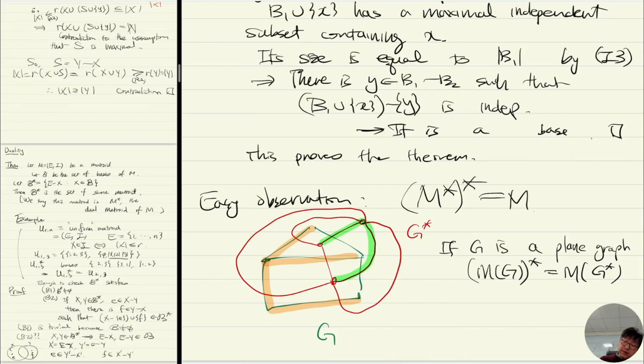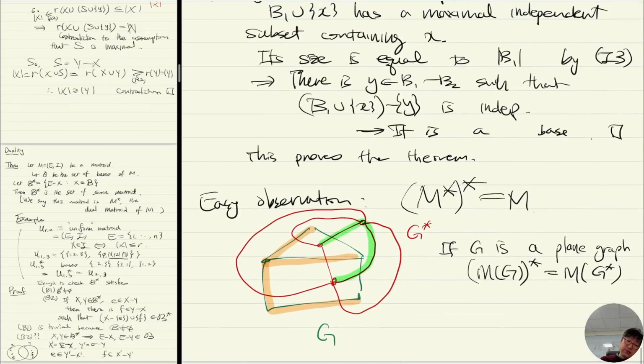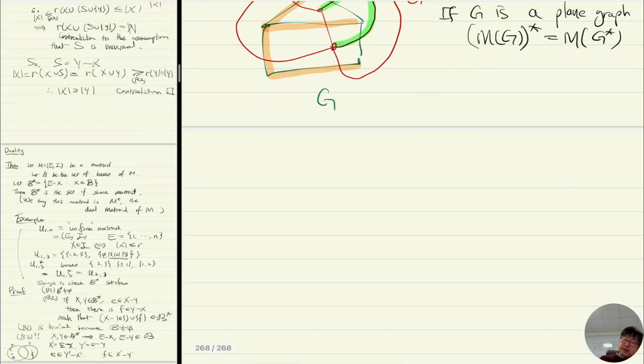And so that's why the duality of plane graphs extends to matroids. But what's more interesting is that in a matroid, all cycle matroids have duals, right?